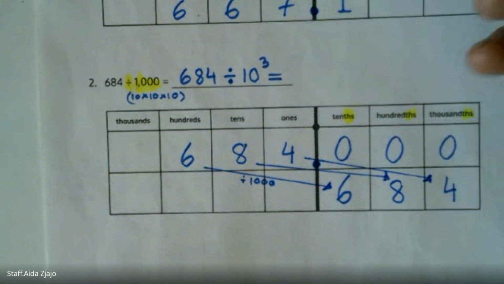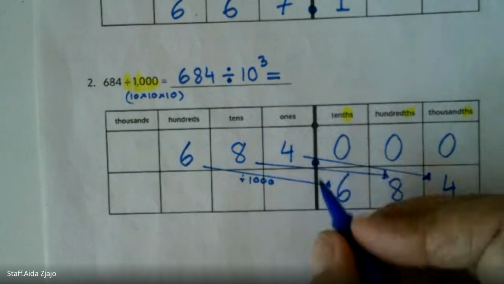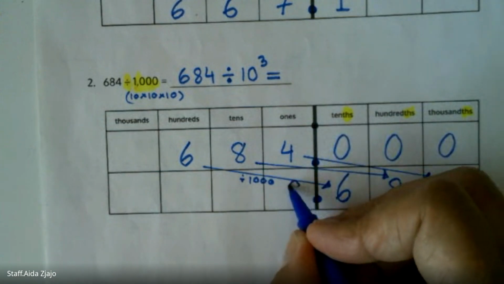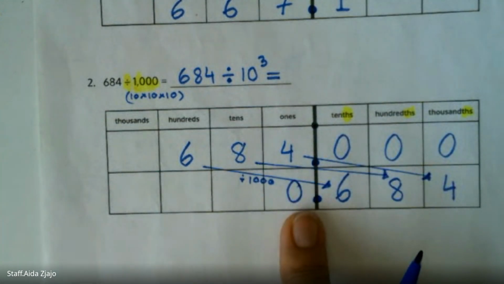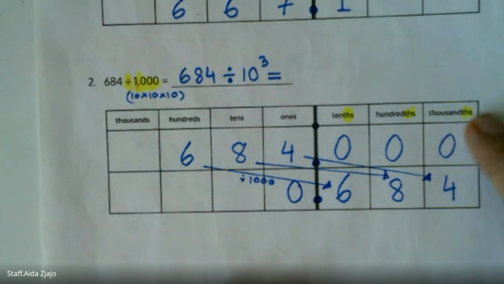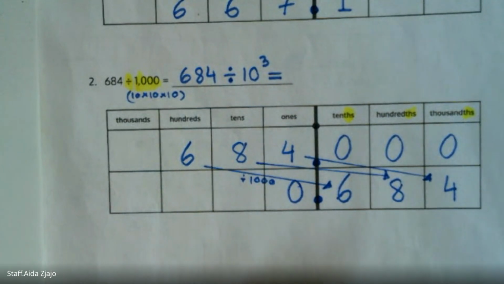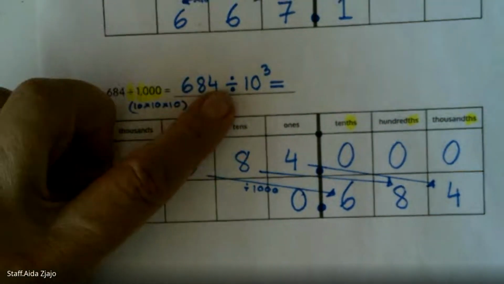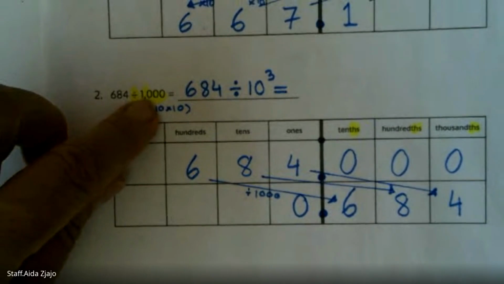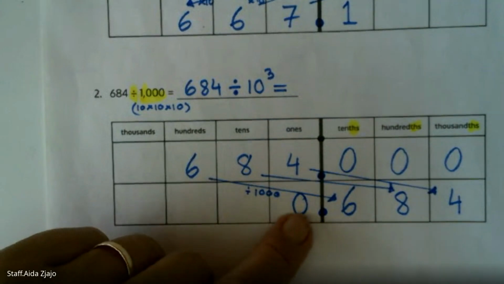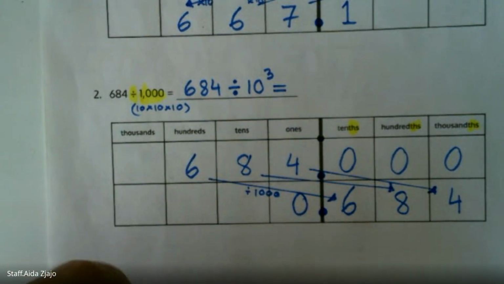Okay, so the answer now, because the decimal stays in the same line and we don't have any ones, is 684 thousandths. If I divide 684 into 1,000 pieces, each piece will be the size of no wholes, but 684 thousandths.